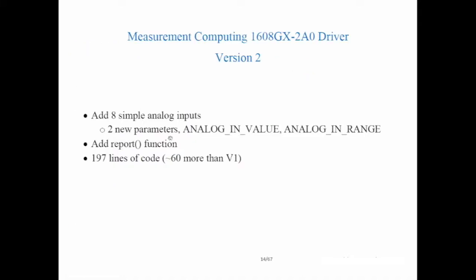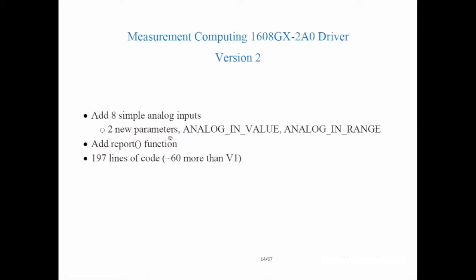Okay, so now what we're going to do in version 2 is to add 8 simple analog inputs, and we're going to add 2 new parameters: analog in value, which is the actual value of the analog input, and analog in range, because we can set the range of the inputs to be plus or minus 1 volt, plus or minus 2 volts, 5 volts, whatever. So we have 2 parameters that we need to worry about.